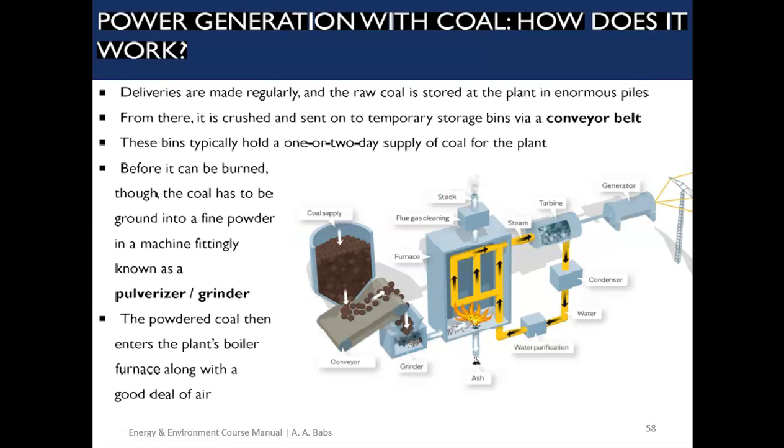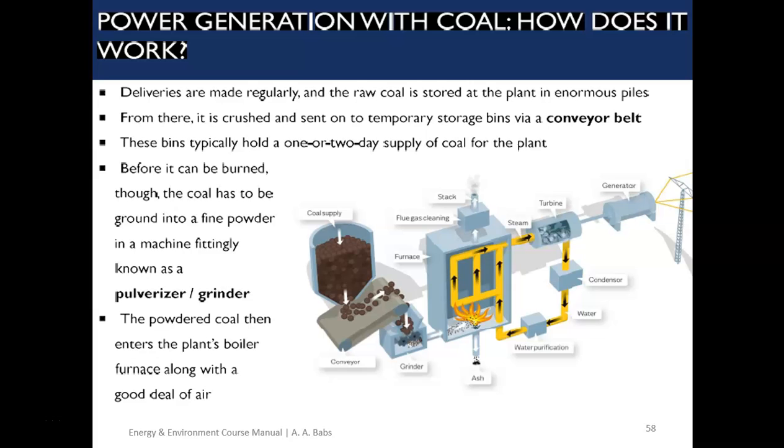Now we will briefly examine how coal is used to generate electricity, how coal-fired power plants work. Now, deliveries are made regularly and the raw coal is stored at the plant in enormous piles.